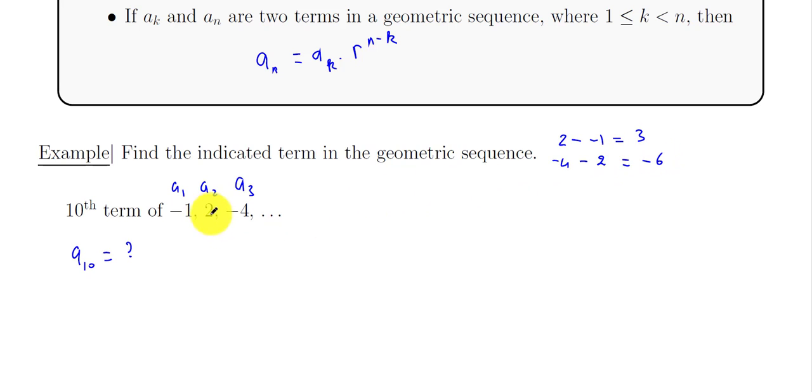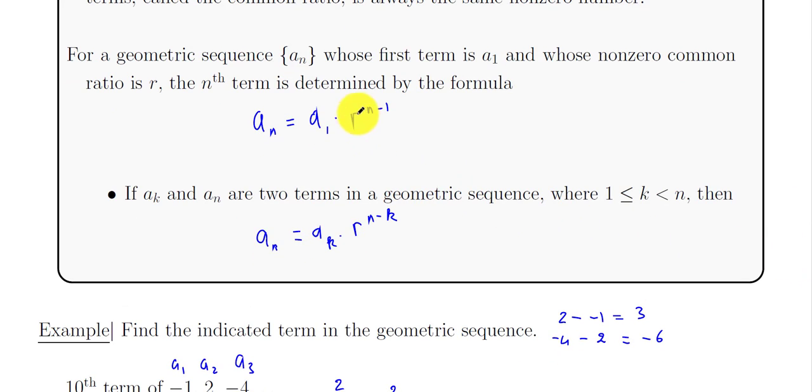Now if we take the ratio, 2 divided by minus 1 gives minus 2, and minus 4 divided by the previous term 2 also gives minus 2. The ratios are all the same, so minus 2 is the common ratio.